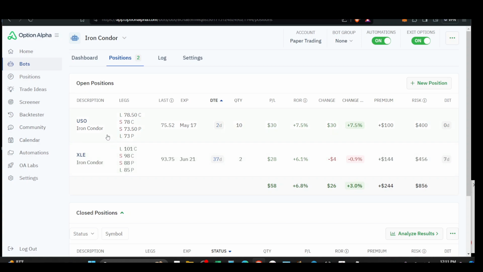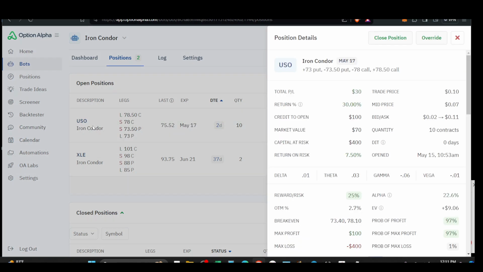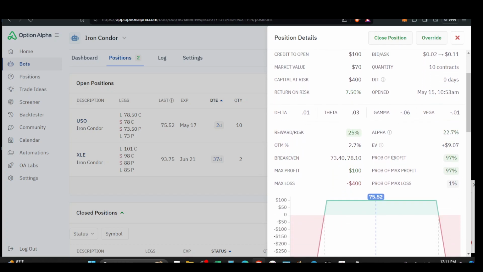And if you click on, let's say, this is the one that expires in 2 days. I just opened it. And so I'm looking for profit. Probability of profit is 97%. And maximum profit would be $100. And maximum loss is 400.